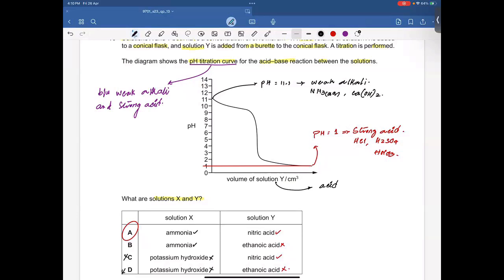If solution Y, the acid, is on the x-axis, this means it must be in the burette. That means the alkali has to be in the conical flask.